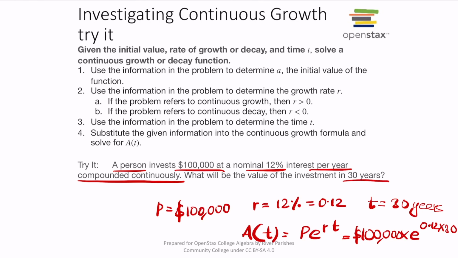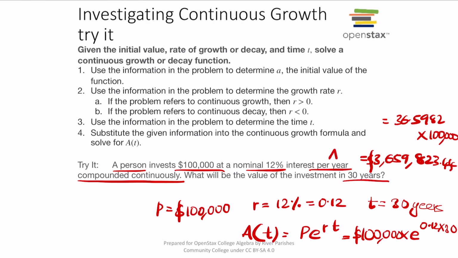So you have 0.12 times 30, and if you take e to the power of that value, you should get a value of 36.598. So 36.5982 times 100,000, which is about $3,659,823.44. So this is the amount after 30 years, and this is how you can find the data.